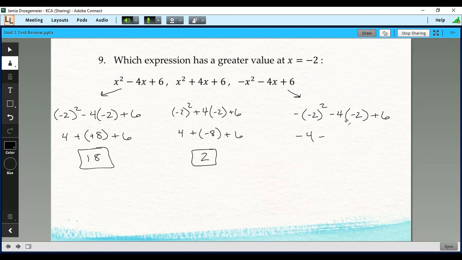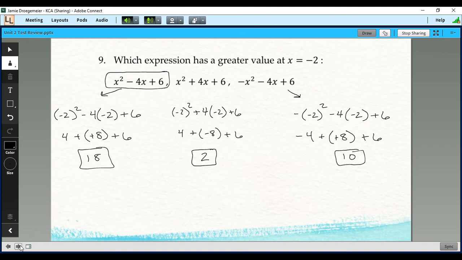And then I have 4 times -2 is -8 plus 6. Well, so again, subtracting a negative is the same as adding a positive. So -4 plus 8 is +4. 4 plus 6 is 10. All right, so we've evaluated all three. Our first one here has the greatest value at x equals -2.